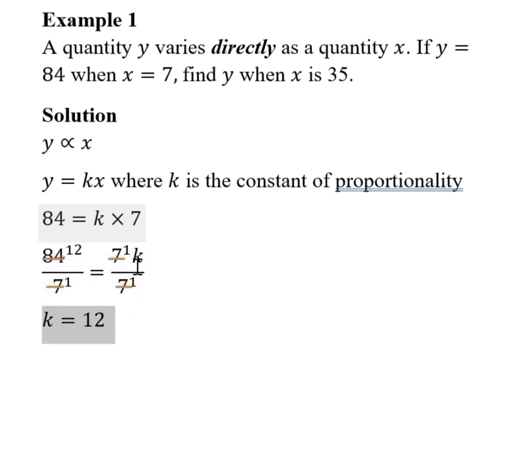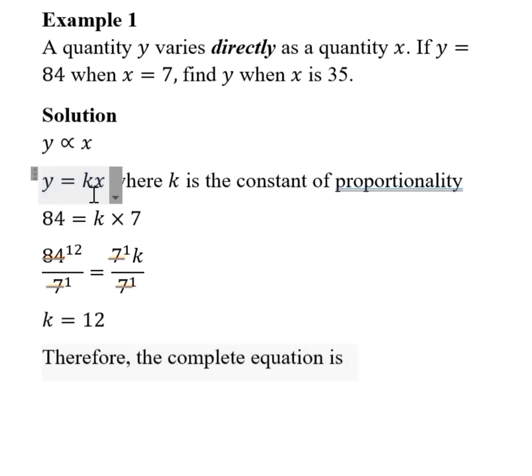We have divided both sides by the coefficient of k, which is 7, and we have realized that our k is equal to 12. Now we can rewrite this equation in complete format, substituting k with what we have found, and it will look like y is equal to 12x.